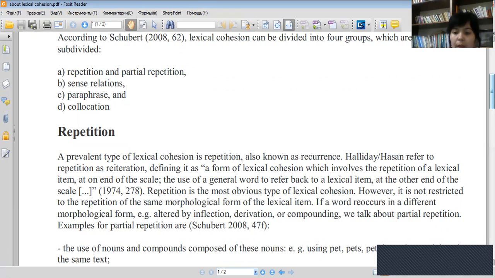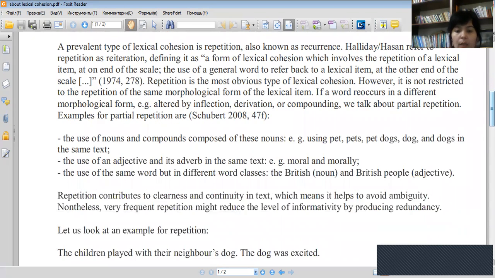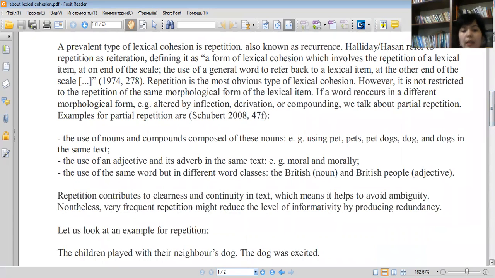If a word reoccurs in a different morphological form, for example, altered by inflection, derivation, or compounding, we talk about partial repetition. Examples of partial repetition are the use of nouns and compounds composed of these nouns, using pet, pets, pet dogs, dog and dogs in the same text.